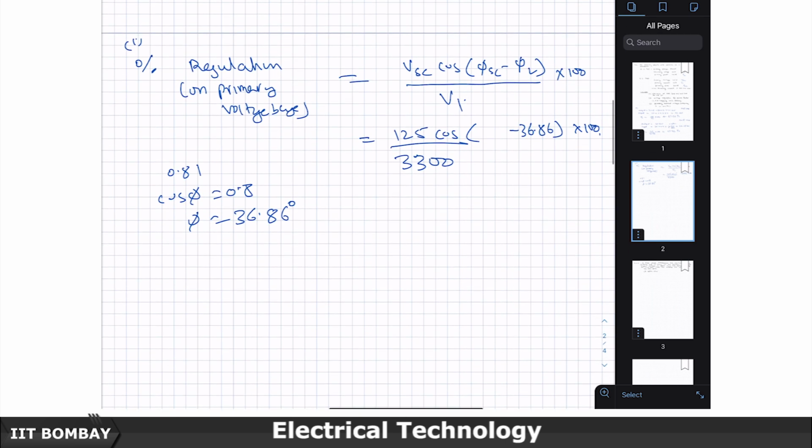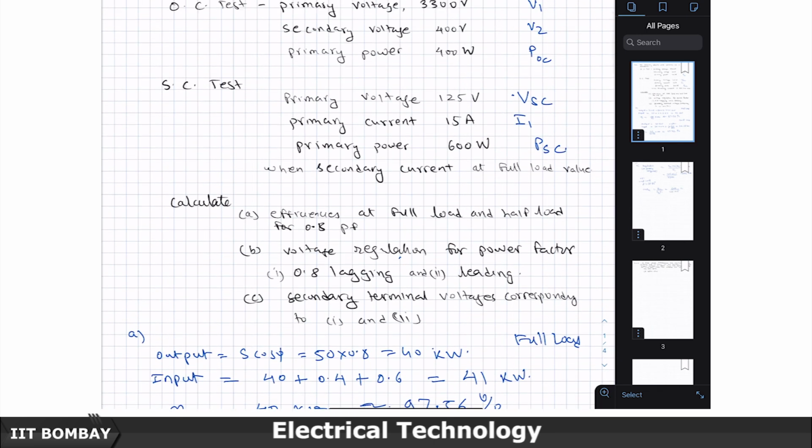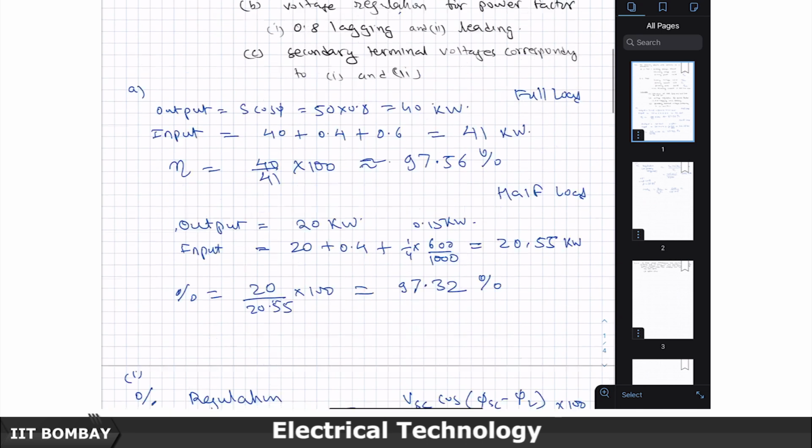We know that phi_sc is given by the short circuit loss divided by the volt amperes applied in the short circuit test, V_sc into I_1, where I_1 is 15 amperes, the full load current which is flowing. This is 125 volts and this was 600 watts. So, 600 watts divided by 125 into 15, let me check my numbers, yes, 125, 15, 600, I am right.